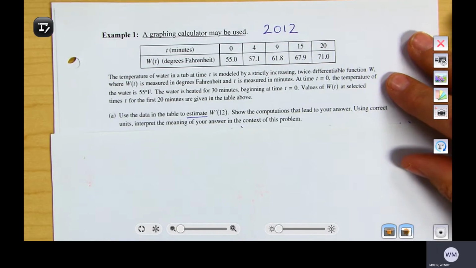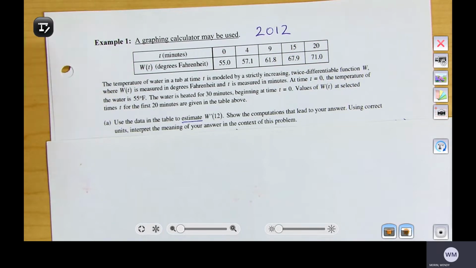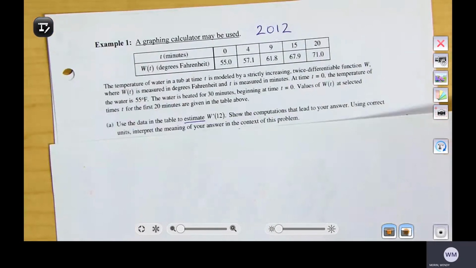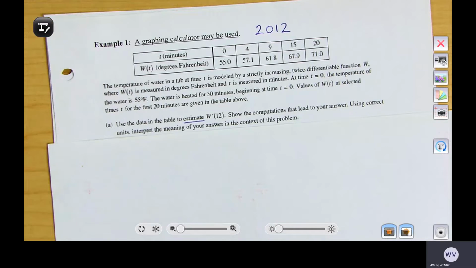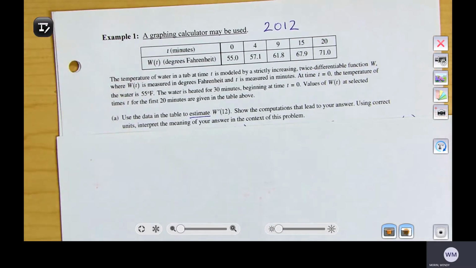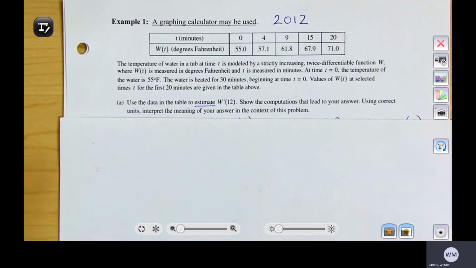Okay, I want to go over some of the AP table examples. This one is from 2012, we have one from 2013 and 2014, and then I gave you some practice. So maybe going through a couple of them with you.